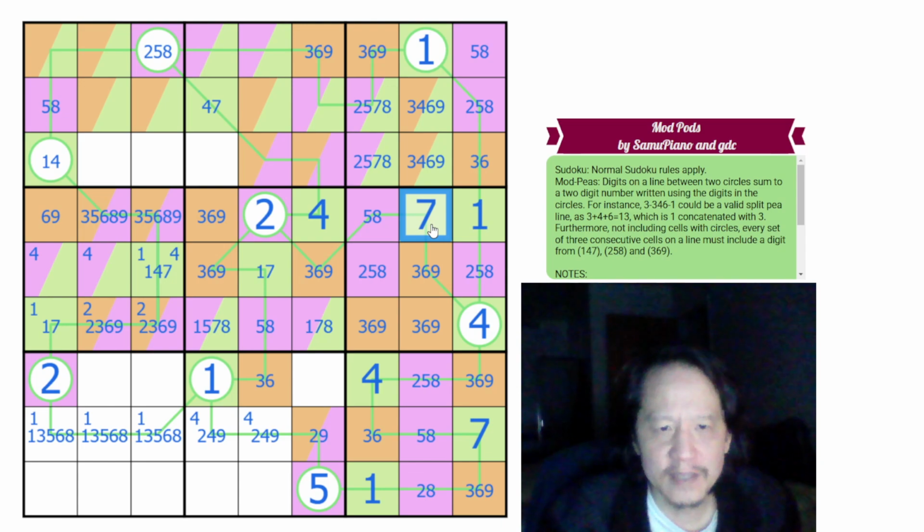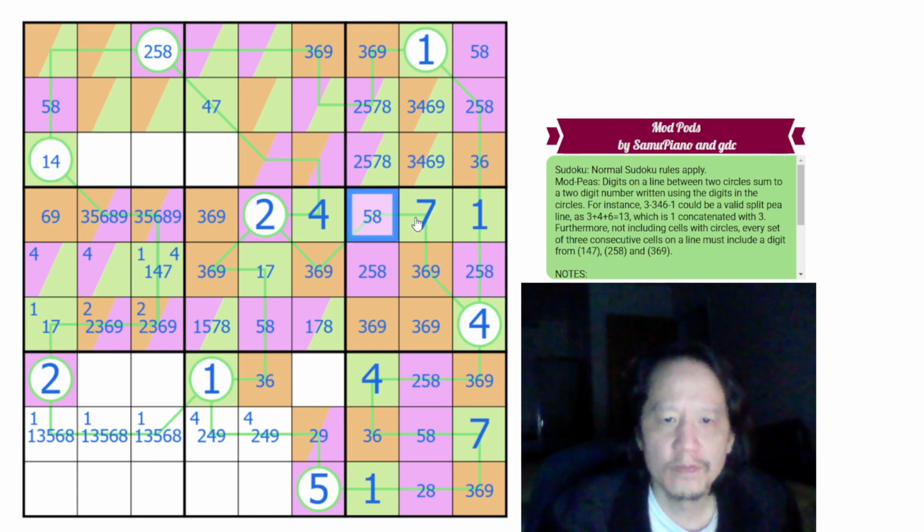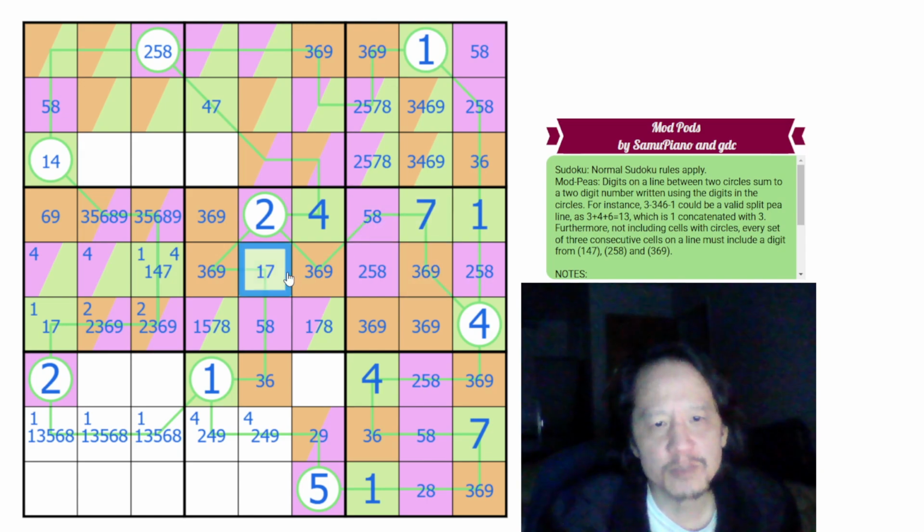Actually, I think it has to add up to 3 and 6, right? Say this is 5. No, that adds up to 12, so it could be 3 and 9. So if this is 5, that adds up to 12, so this must add up to 12, so therefore it's 3 and 9. If this is 8, this adds up to 8 and 7.